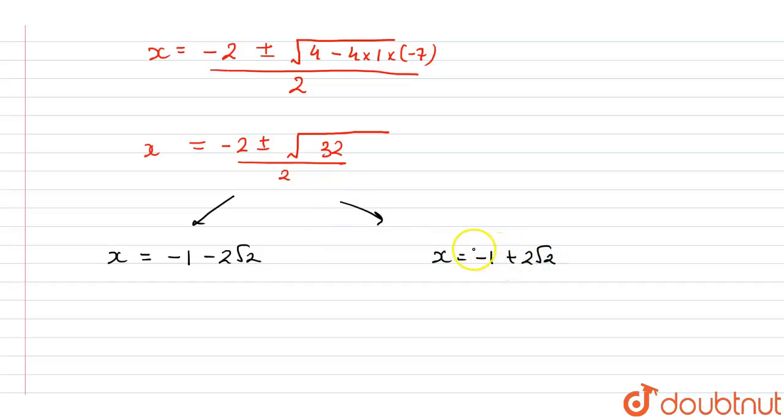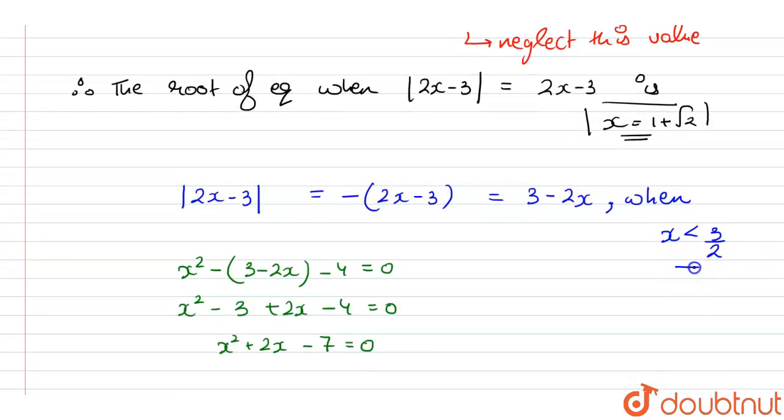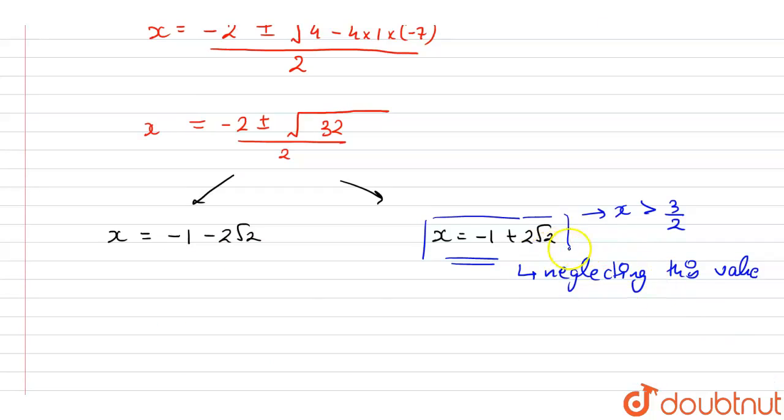Now we will neglect this particular value, minus 1 plus 2 root 2, because in this value x will be greater than 3 by 2, but we want those values of x which are less than 3 by 2. So we neglect this value and take the other root into consideration.